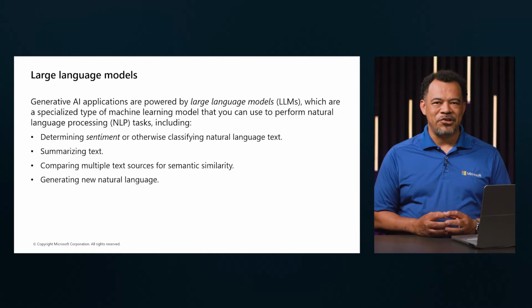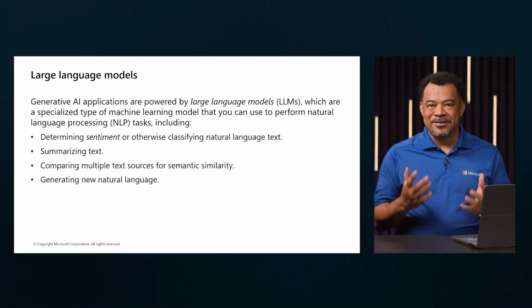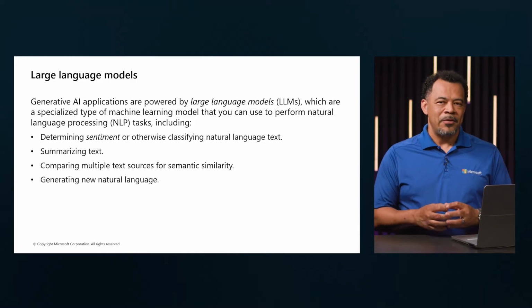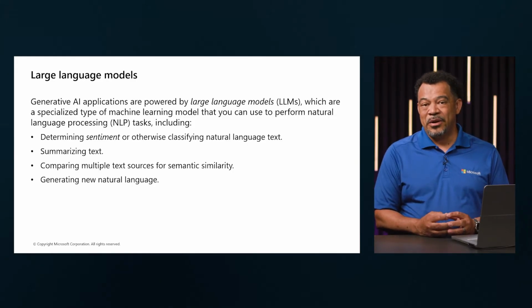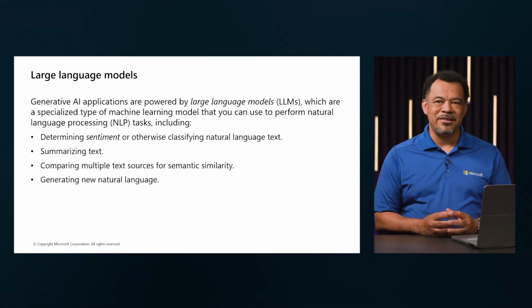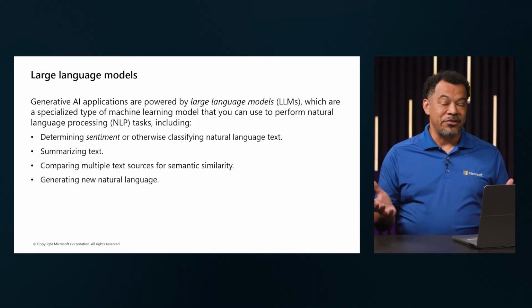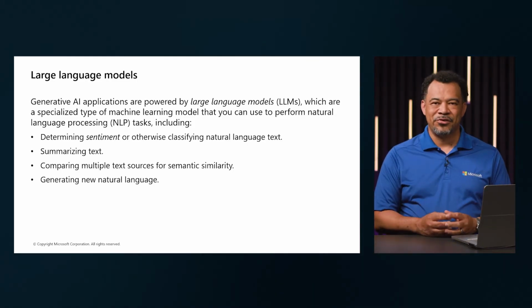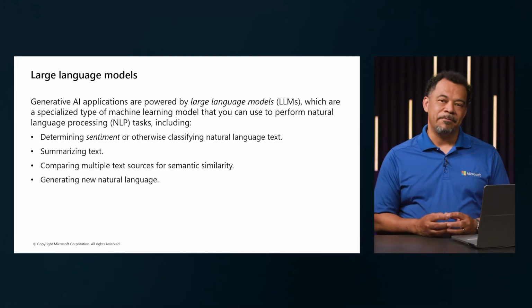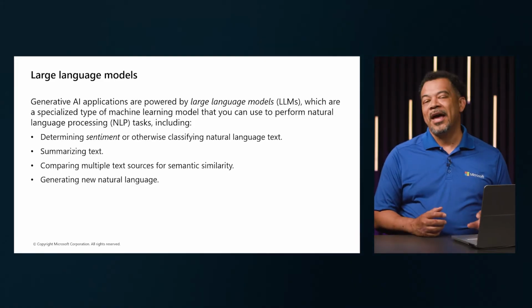Generative AI applications are powered by large language models, which are a specific type of machine learning model that you can use to perform natural language processing tasks, including things like determining sentiment or otherwise classifying natural language text. You can summarize text with that. You can compare multiple text sources for semantic similarity. You can even generate new natural language.